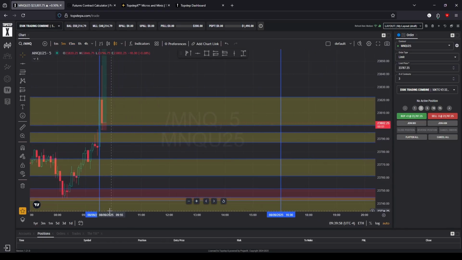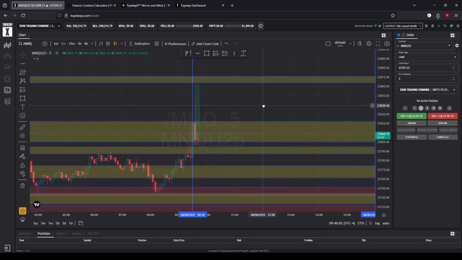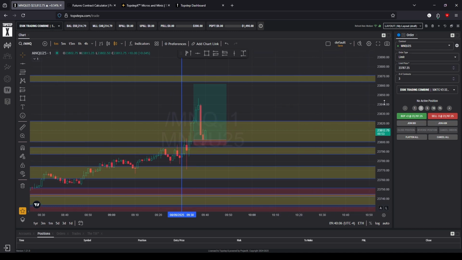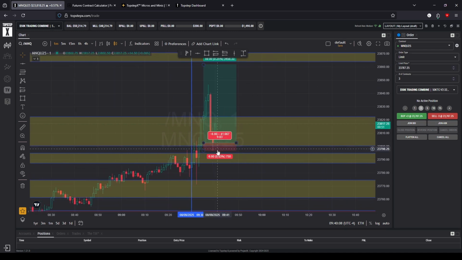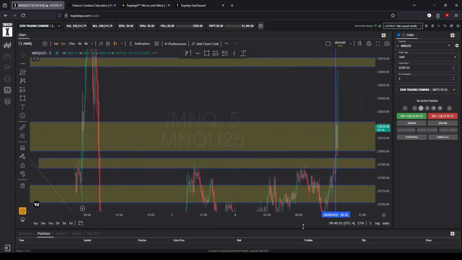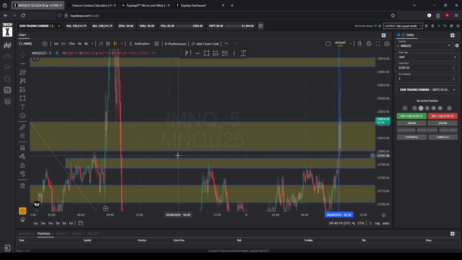Okay, so crazy movement right here. Went up very high, but then it came back down, and so it went through this zone right here. So I'm not too eager to trade this, especially because I have no, I mean, it might not be too bad, I don't know.